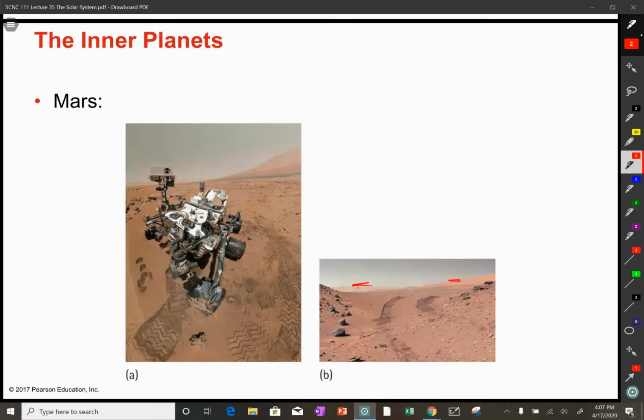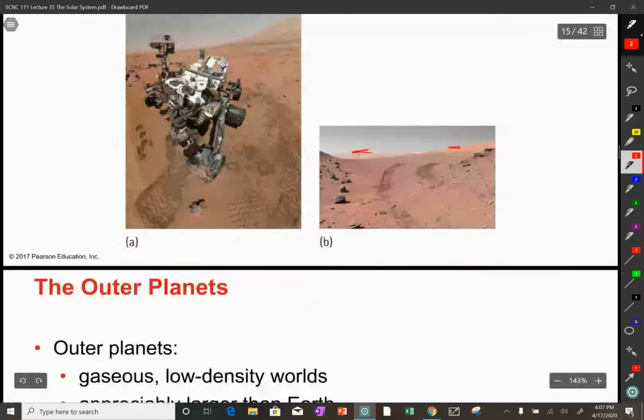And so our explorers, we've had Pathfinder, Spirit, Opportunity, they have done all kinds of exploration on Mars, and they have, in fact, found evidence that Mars used to have liquid water, and they believe there still is ice, frozen water, buried under the surface in Mars.